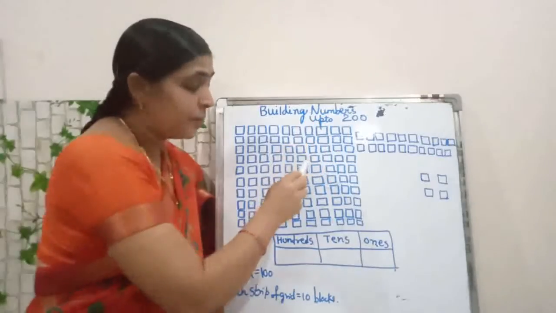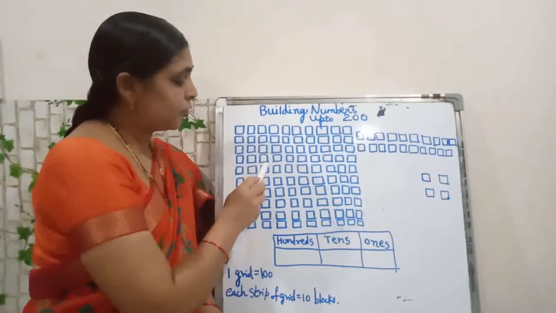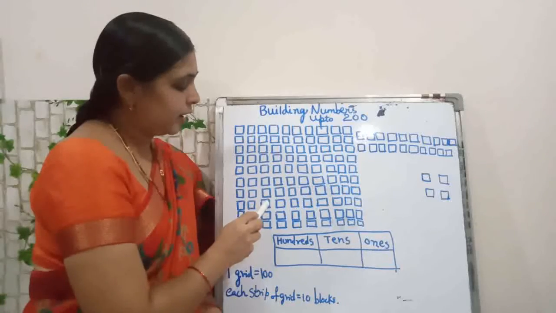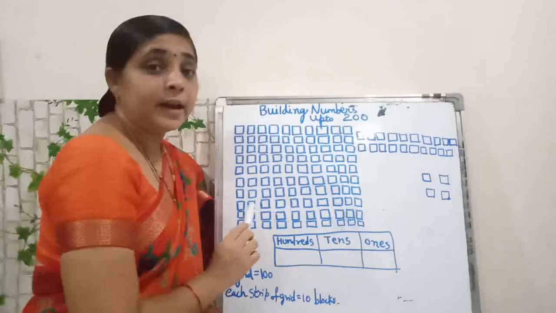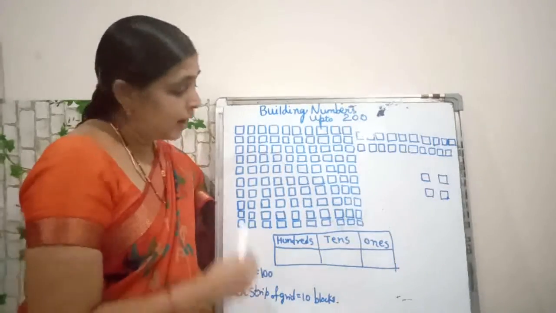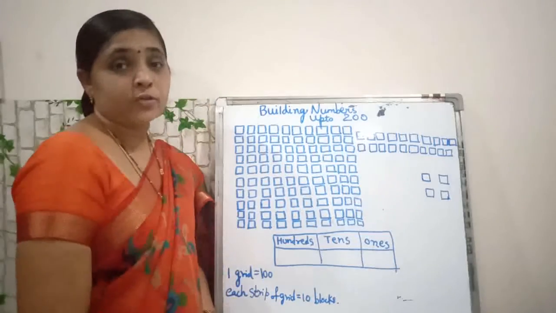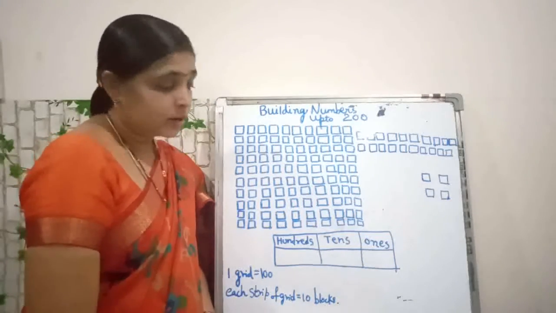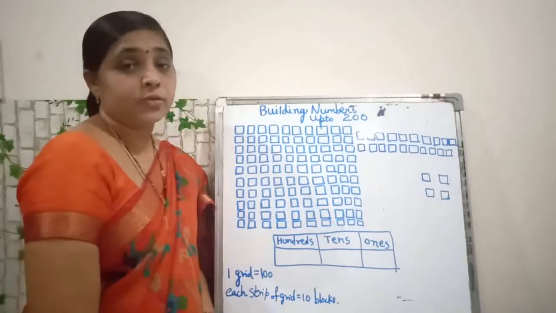Likewise, how many tens are there? 1, 2, 3, 4, 5, 6, 7, 8, 9, 10. So totally 10 into 10, how much? 100. So, one grid contains 100 blocks.